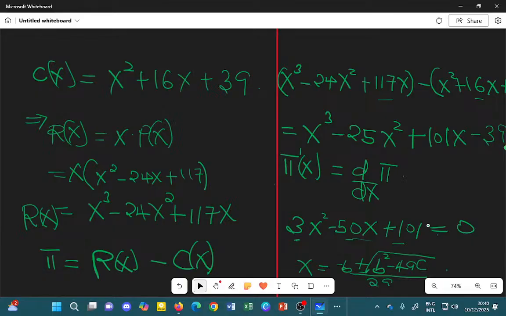In this case, a is the coefficient of x squared, so a will be 3, b will be minus 50, and c is 101.